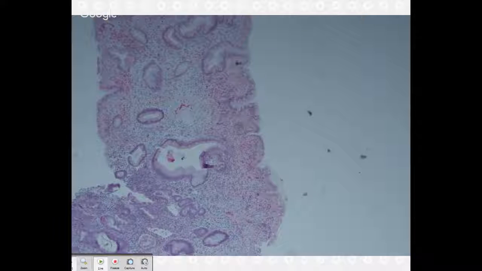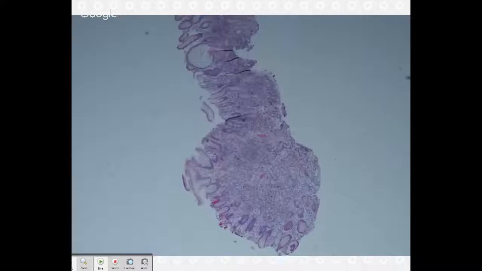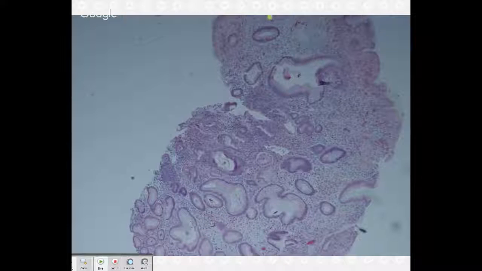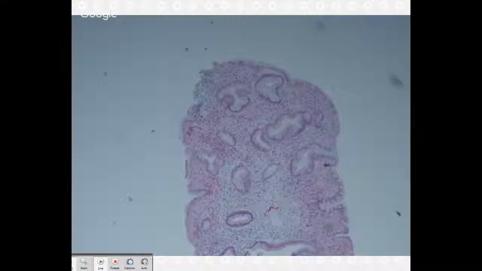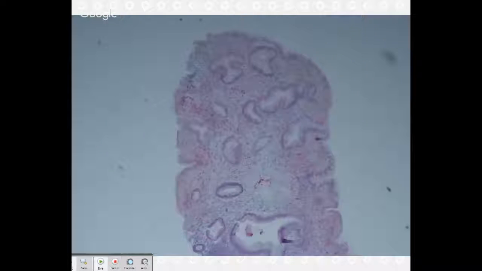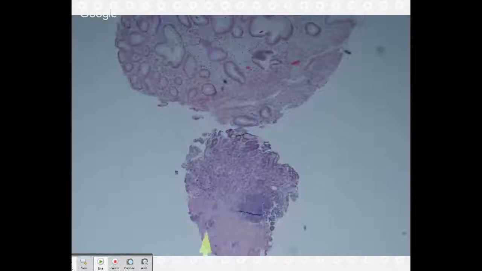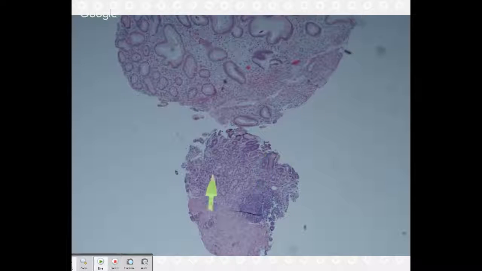Things that are commonly seen in autoimmune gastritis: because the mucosa is damaged, people will get hyperplastic polyps. Hyperplastic polyps occur in damaged mucosa, and sometimes that's a clue that you have an autoimmune gastritis, because sometimes the clinician will only diagnose the polyp, and then on the edge, you'll get just a little bit of quote unquote normal mucosa.